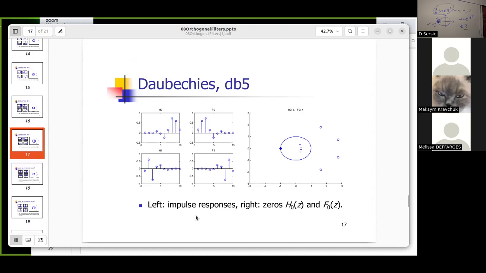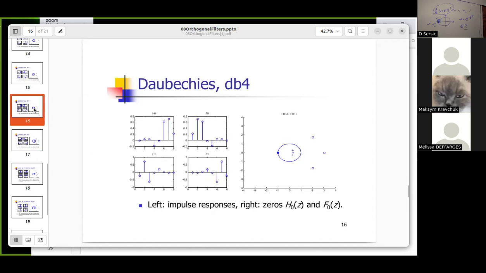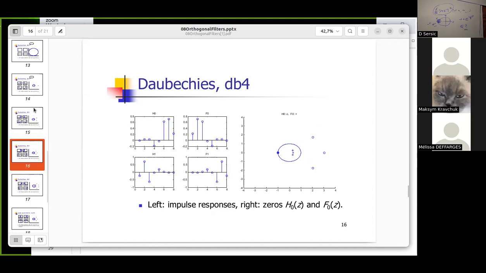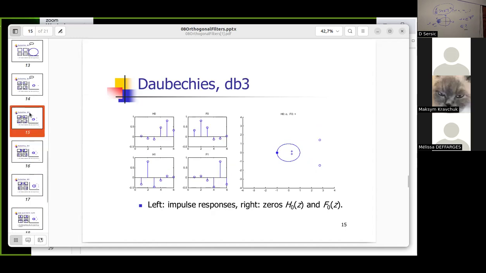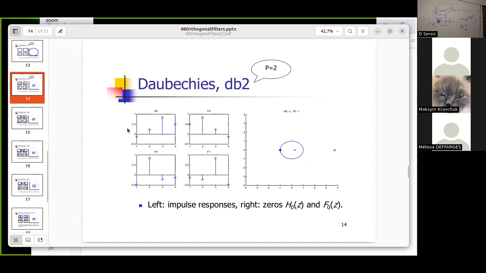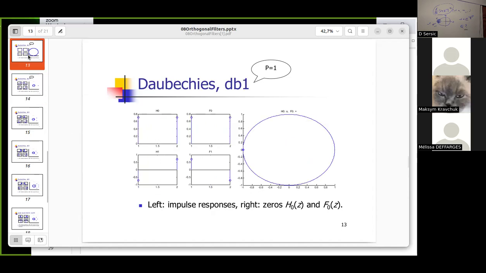But the impulse responses are very far from symmetric. Okay, I'm going back. So this is pretty not symmetric, as well as this, as well as this. Even dB2 is very asymmetric.